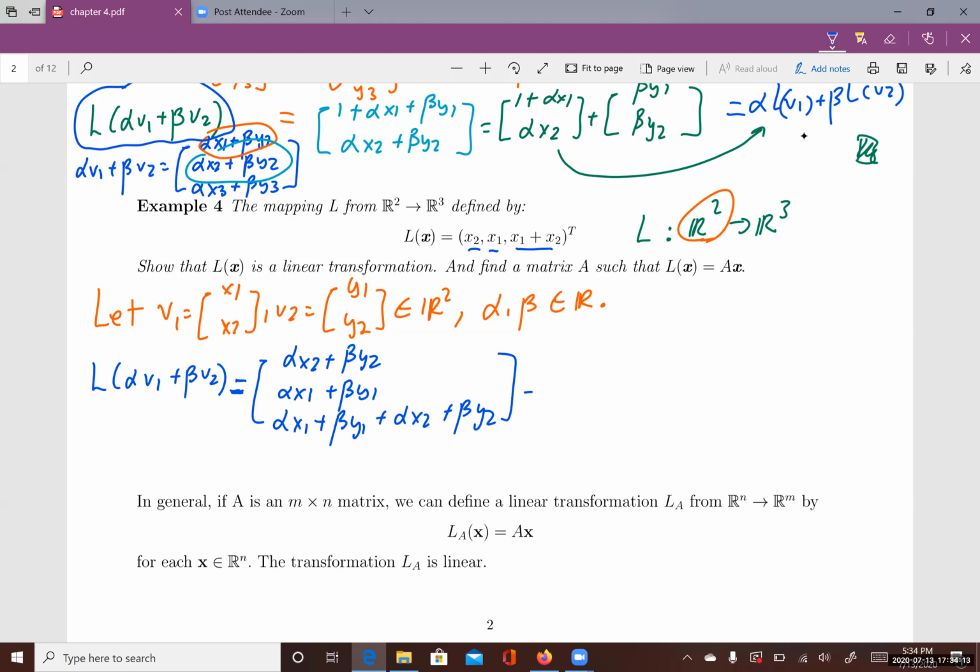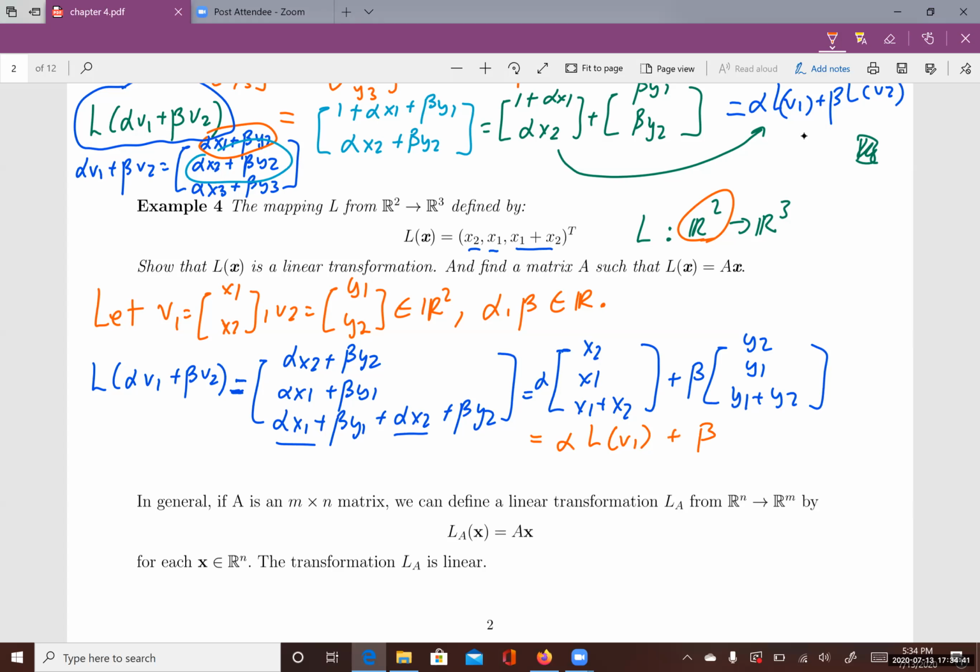Then when I split this into two different vectors, I have alpha (x2, x1, x1 plus x2) plus beta (y2, y1, y1 plus y2). This is actually equal to alpha L(v1) plus beta L(v2), which shows that this map is a linear transformation. I just showed that using the definition.